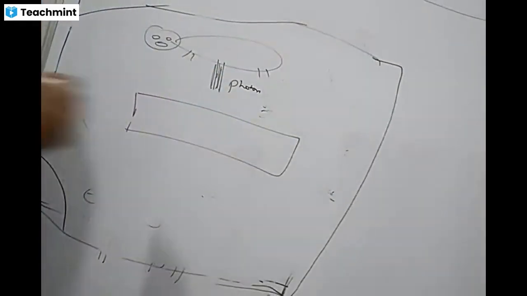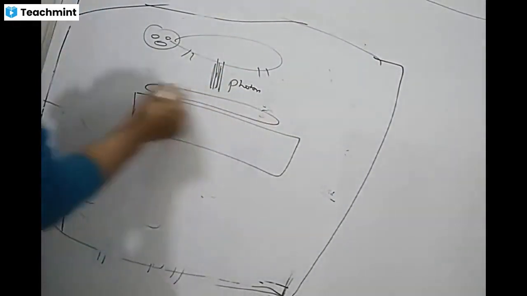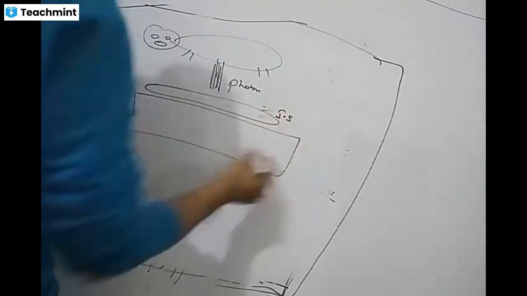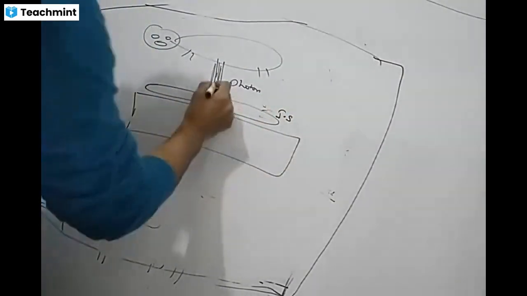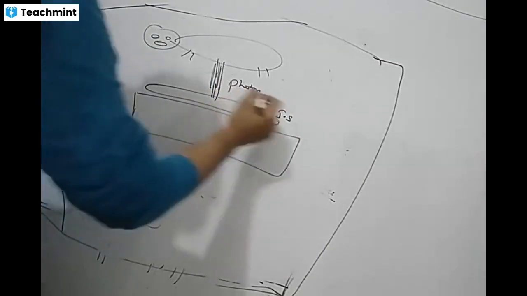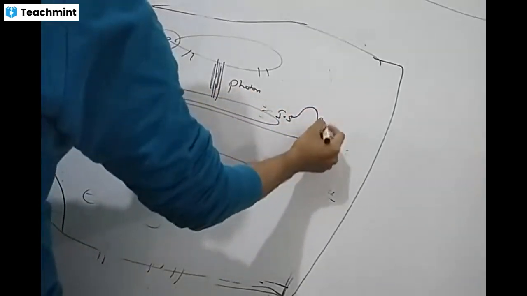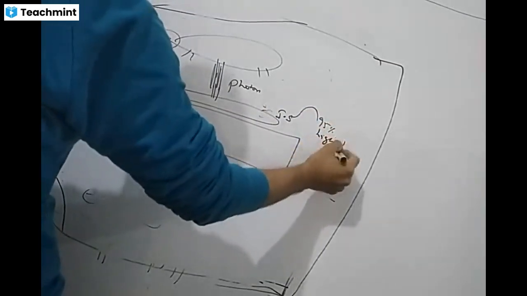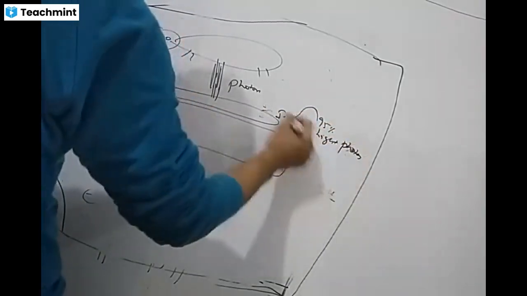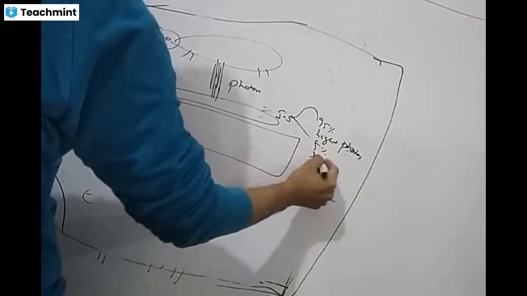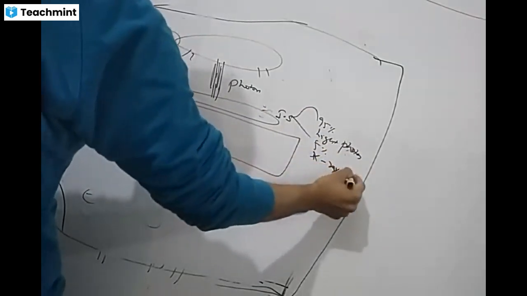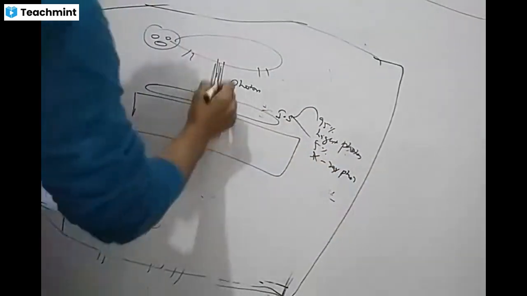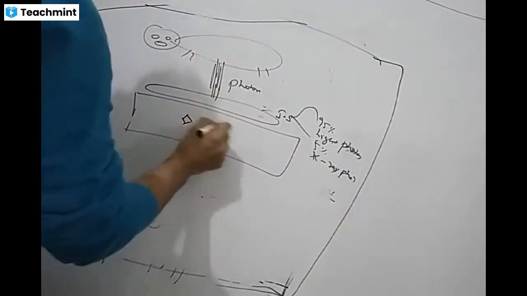If we use an intensifying screen on both sides of the film, then 95% light photons will come and 5% as such X-ray photons. They will fall on these crystals.